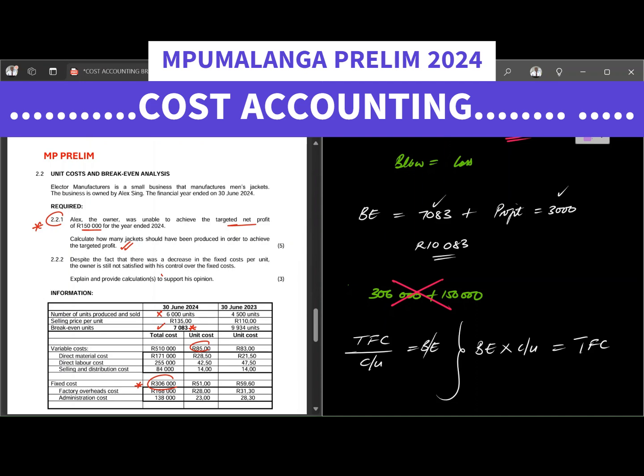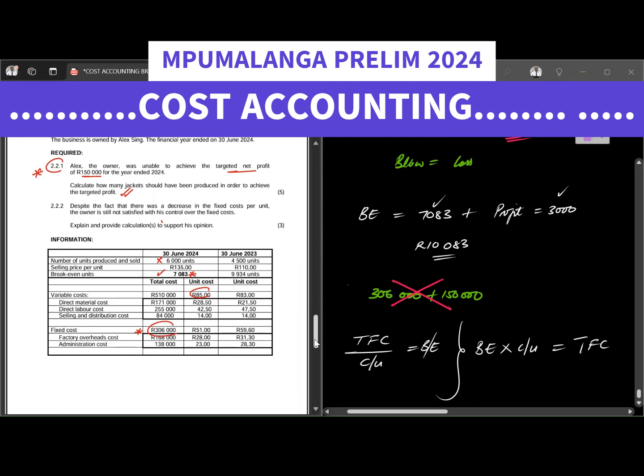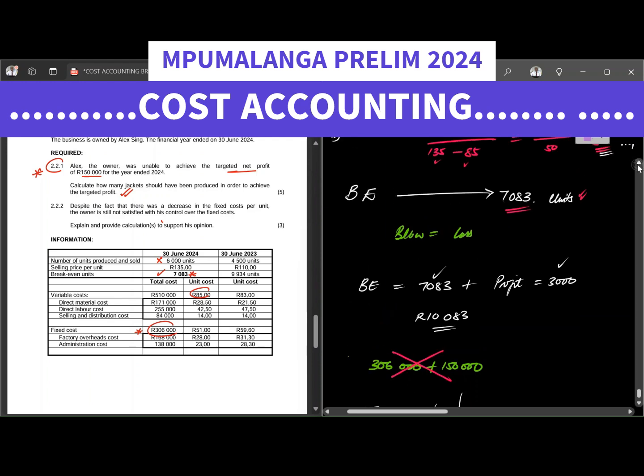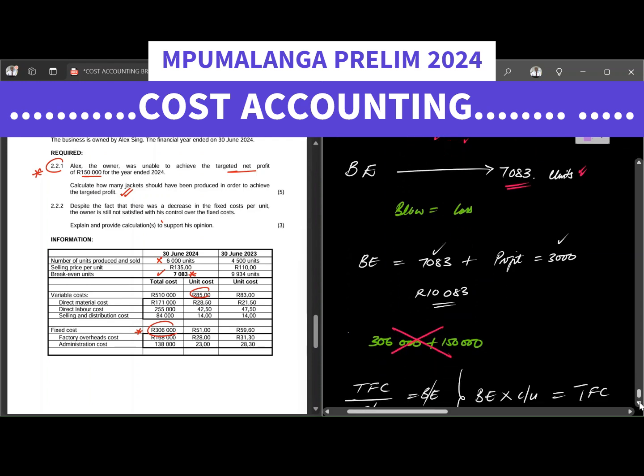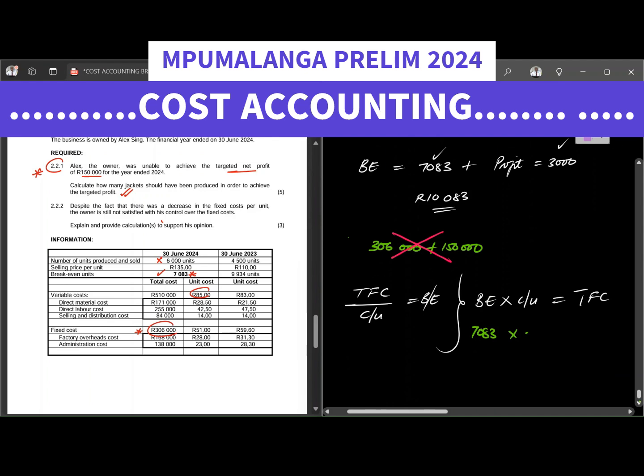My intended break-even is 7,083, and the contribution per unit we already calculated is 50 Rand.